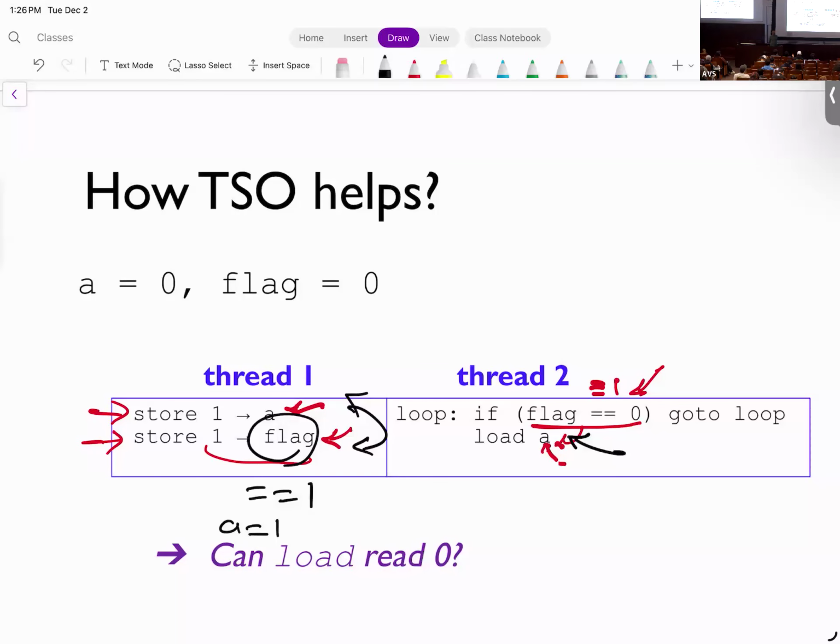So you said it's possible that, if you switch the order, A could be 0. Yes. What is the possibility?